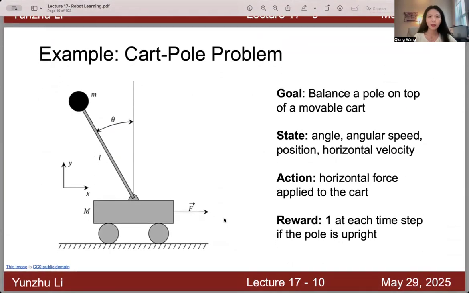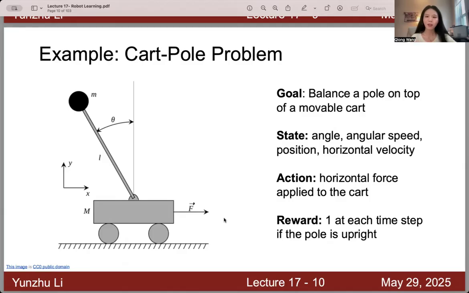This is an example of the cart-pole problem. The goal of this problem is to balance a pole on top of a movable cart. The state is angle, angular speed, position, and horizontal velocity. The action is a horizontal force applied to the cart.